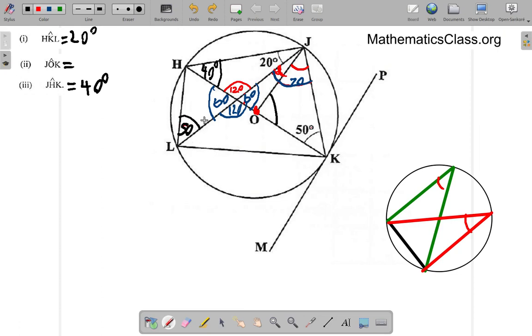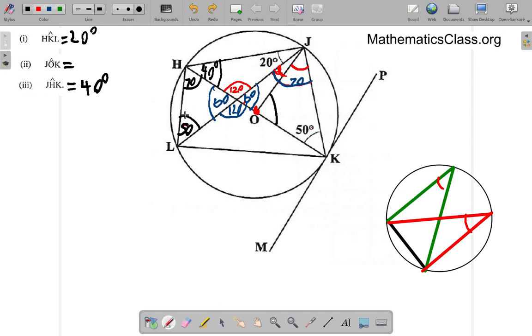This is 50, right? 50 and 60, 110. 180 minus 110, this would be 70. So we're finding all the other angles. We're finding every other angle. Here, this will be 120, right? This is 50. This is 50.